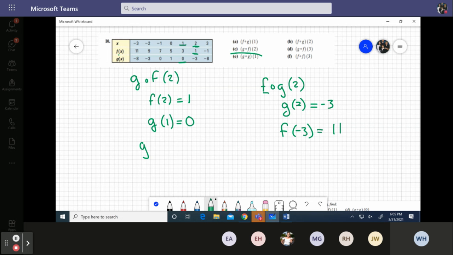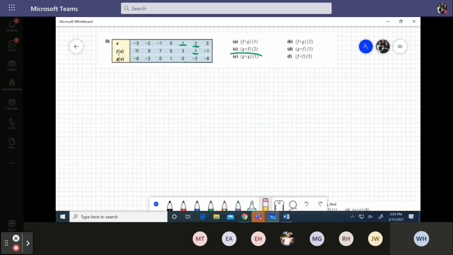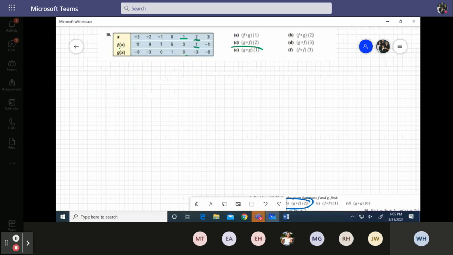So g of f of 2 is equal to 0. Yes? A little better? Okay. Those are actually a little bit easier, I think, when we're using the graphs. You can kind of see it.